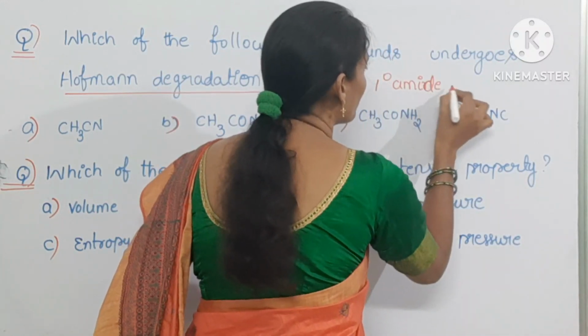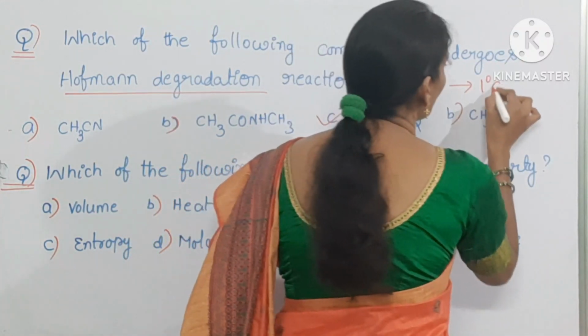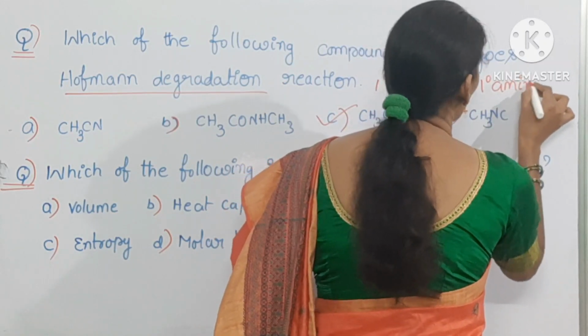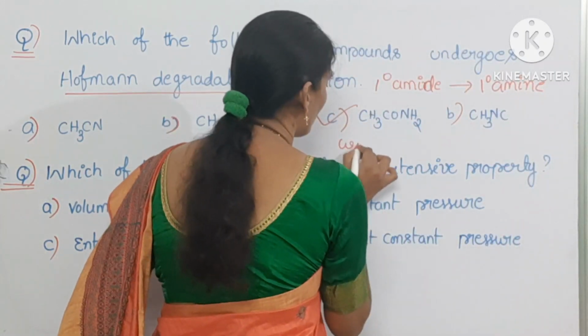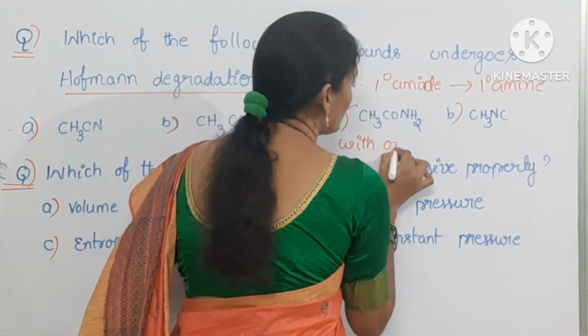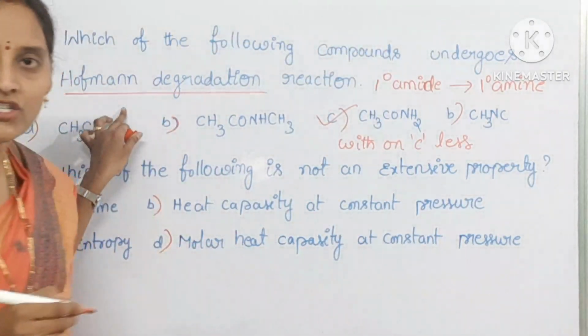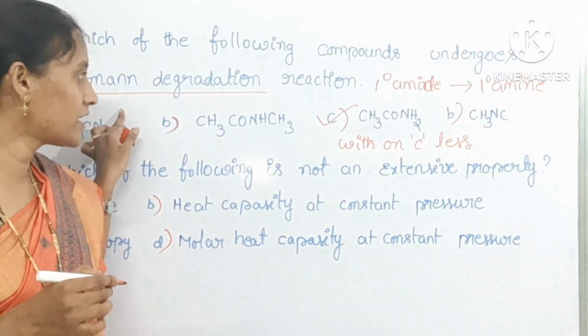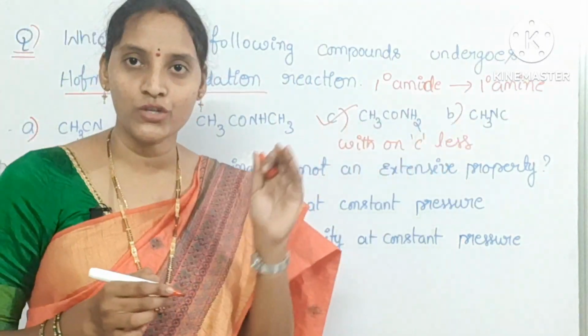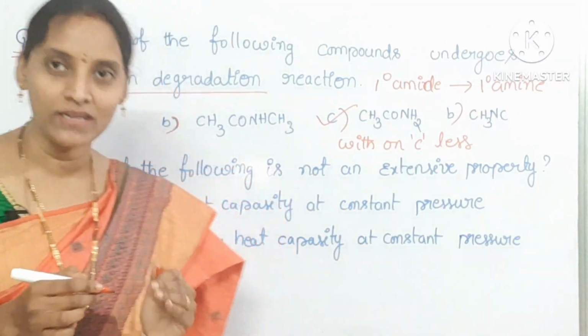Primary amide converts into primary amine with one carbon less. This is the Hofmann degradation reaction: primary amide converts into primary amine with one carbon less.